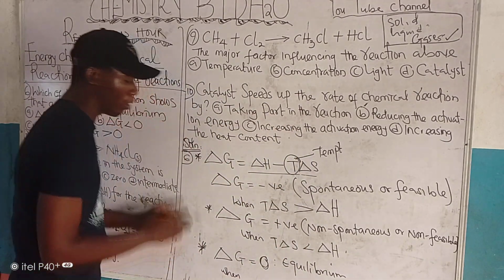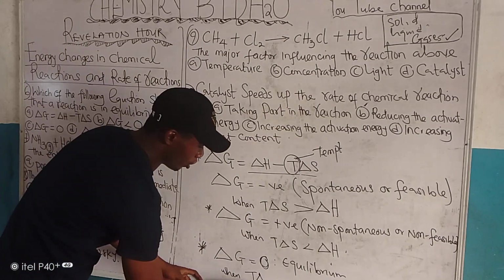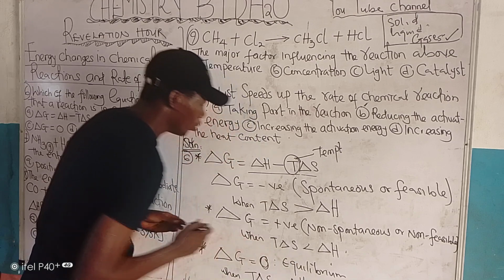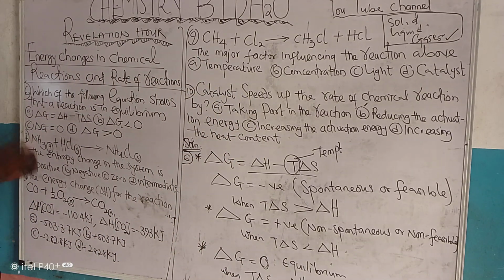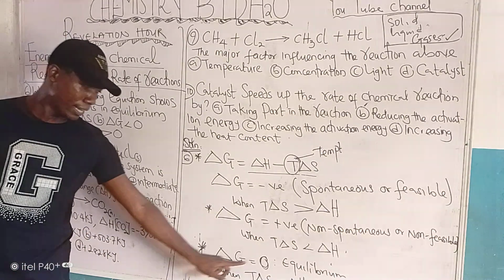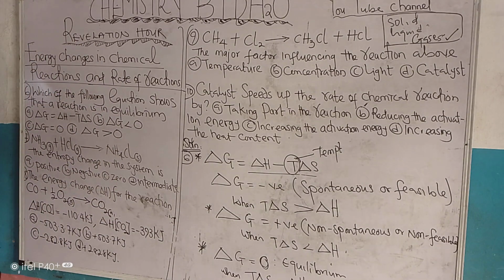Please take your biro and your paper, make sure you are jotting this down. It means that your temperature times the entropy change is equal to your enthalpy change. So the question says, which of the following equations shows that the reaction is in equilibrium? The reaction is said to be in equilibrium when your Gibbs free energy is equal to 0. So what is the answer to this question?